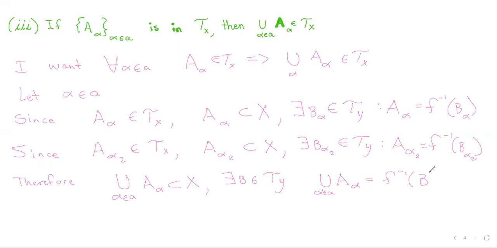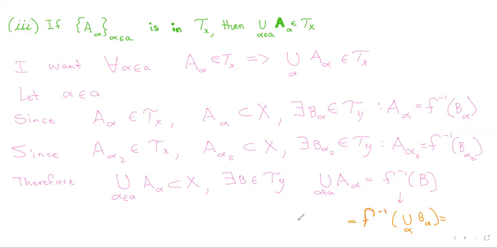And I'm going to share some more rules. So we are allowed to say that this is equivalent to F inverse. I'll switch colors because this is like a side proof. F inverse of the union B alpha, which we are allowed to move that union out.